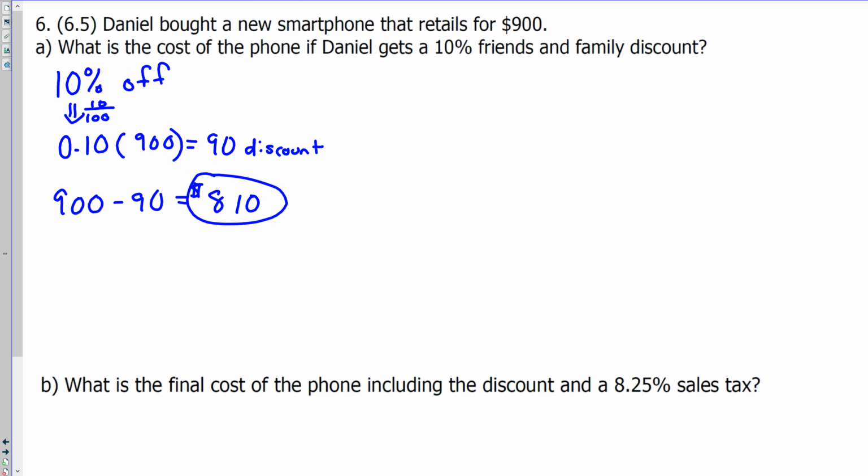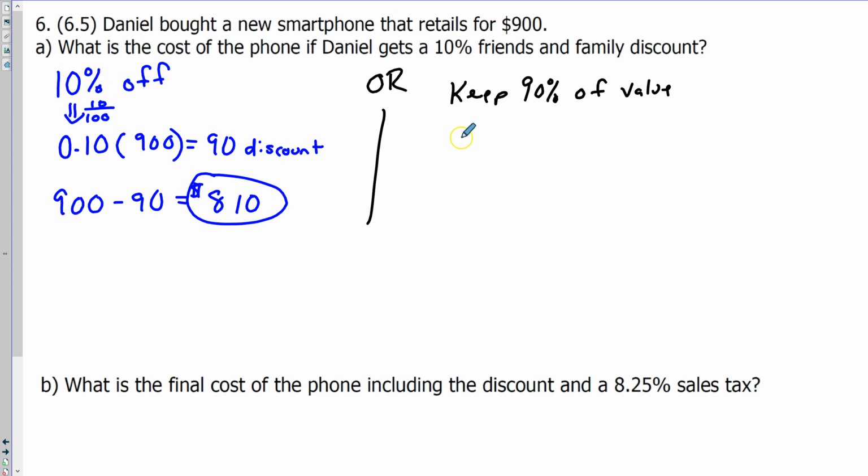The alternative way that I could have solved this is in one step. It's a little bit faster, and that's where we don't calculate what's coming off of our bill, but rather we calculate what would still remain. So if I'm taking 10% off, that means I'm going to keep 90%, right? Or 100% minus 10%, that's our 90% of my phone's value.